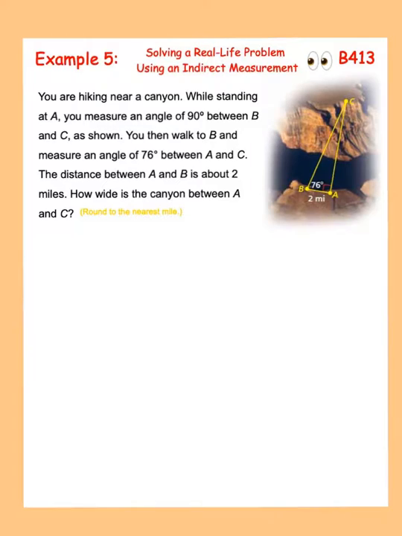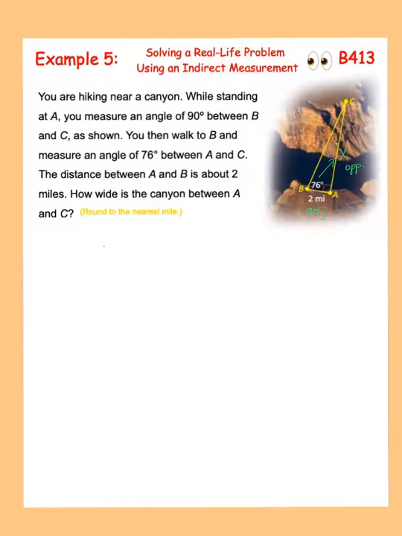So let us look at the problem. The unknown that we would like to find is the distance between A and C. So here I am going to label that with X. So in relationship to the given angle 76 degrees, this is my opposite side. And I am also given the adjacent side. So if I think of my trigonometric functions, opposite and adjacent is the tangent ratio.